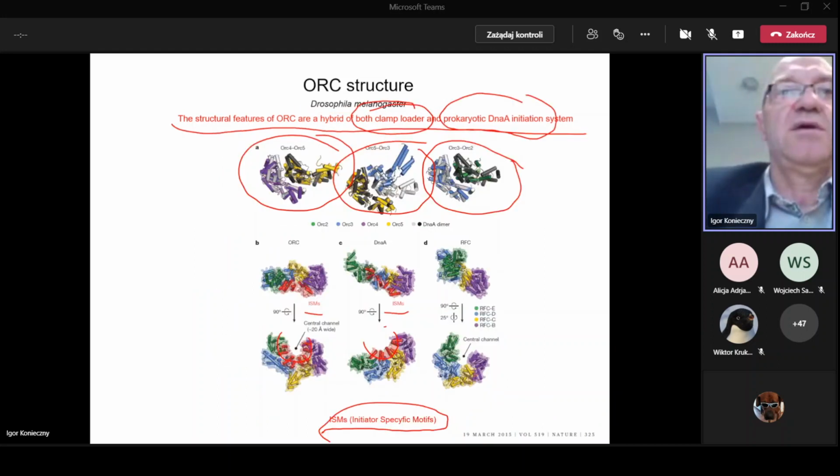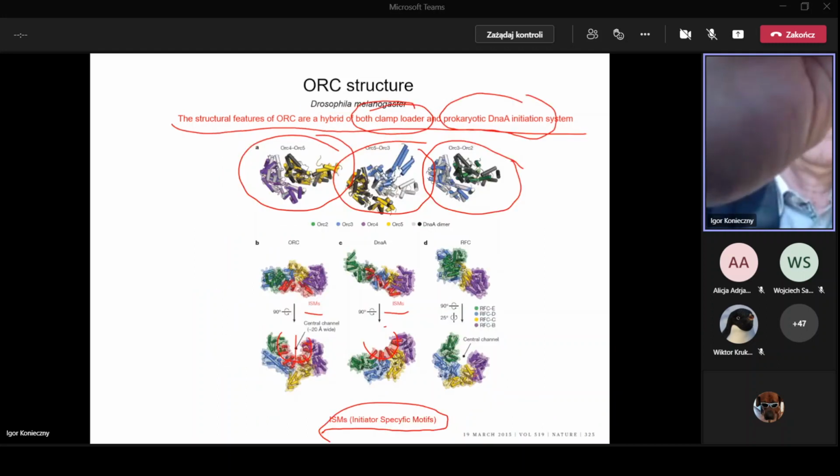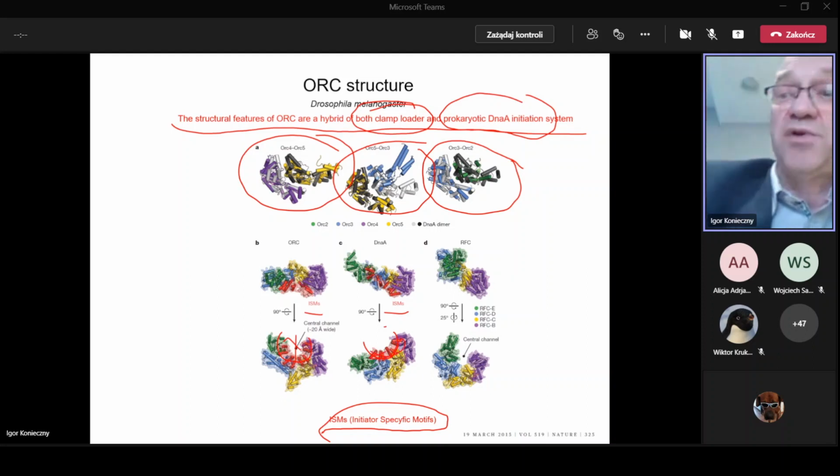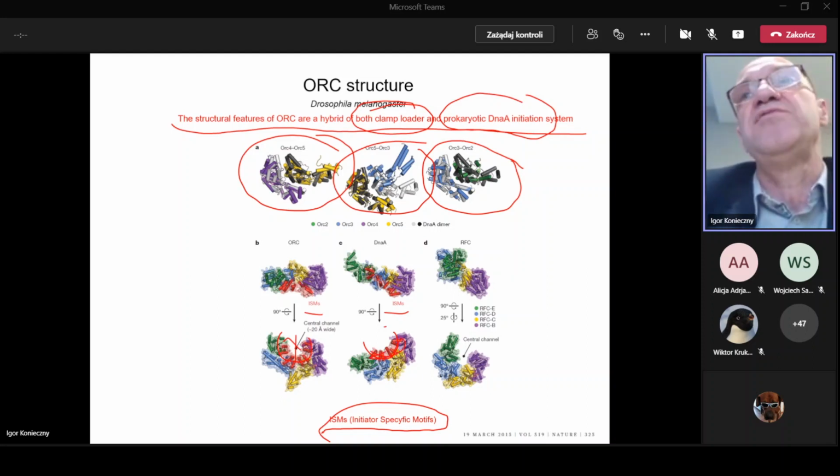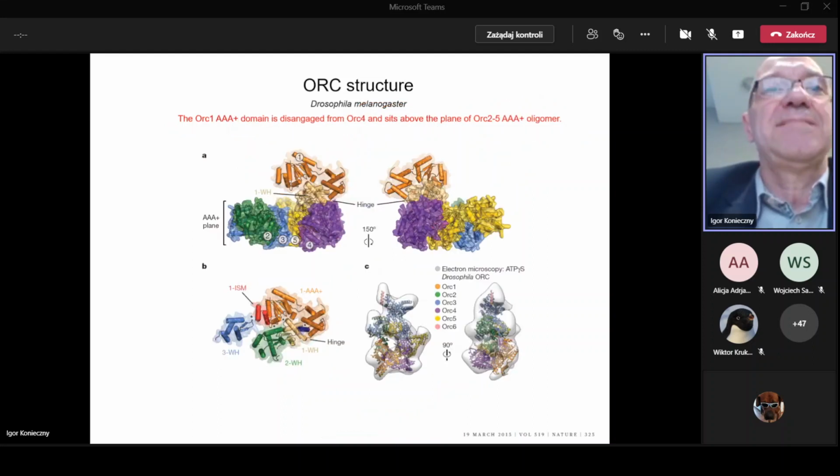So these motifs are directed to the channel, and of course those are important for interaction with the DNA.